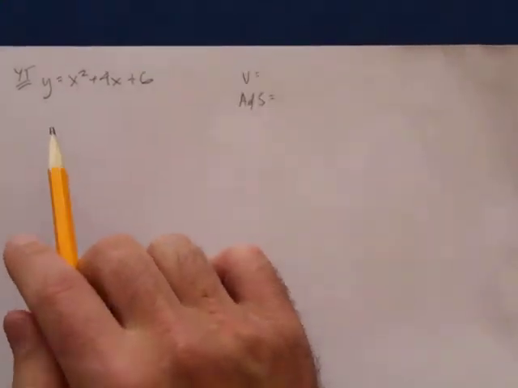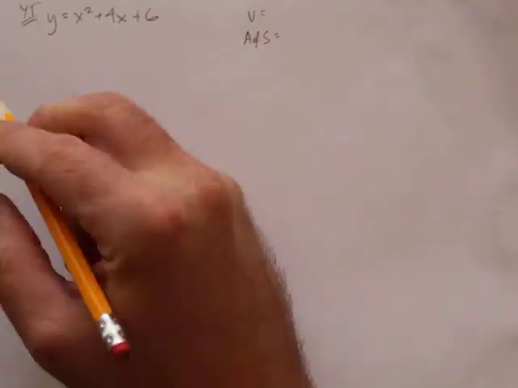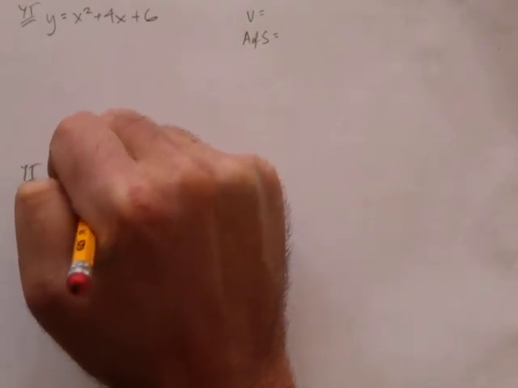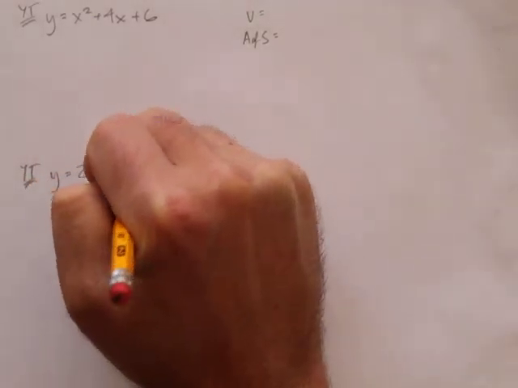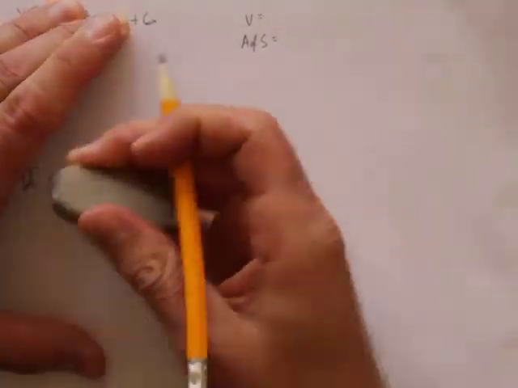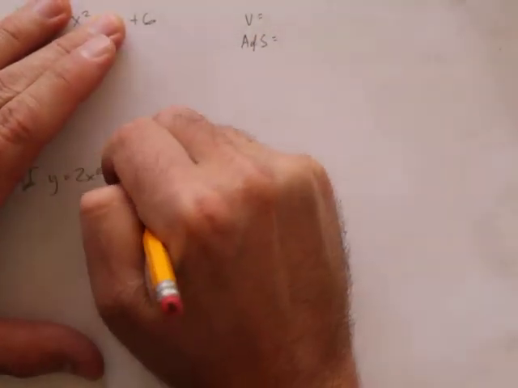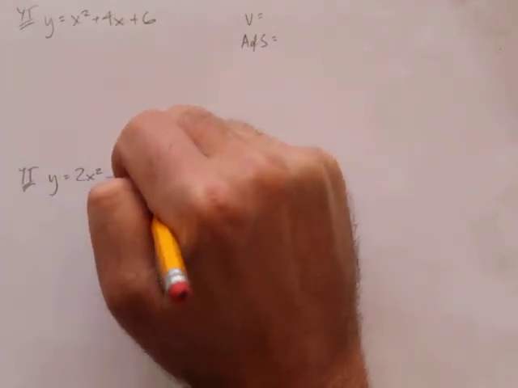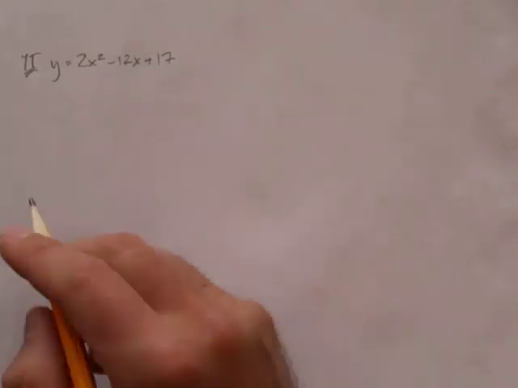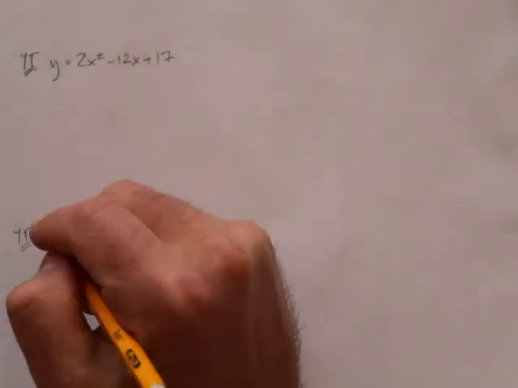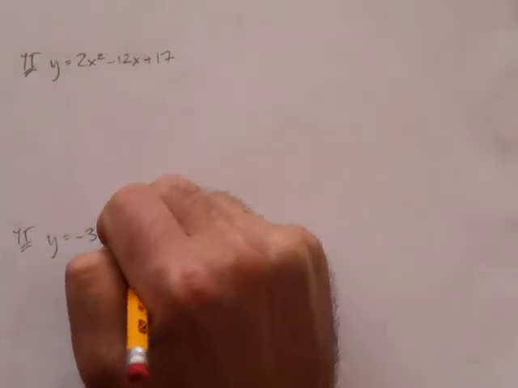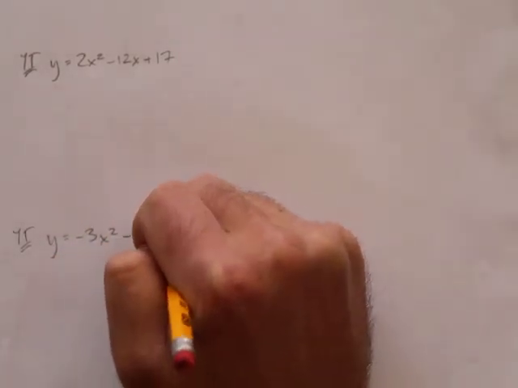So I'm going to give you all 3 of these examples. y equals 2x squared minus 12x plus 17, and y equals negative 3x squared minus 18x plus 10.